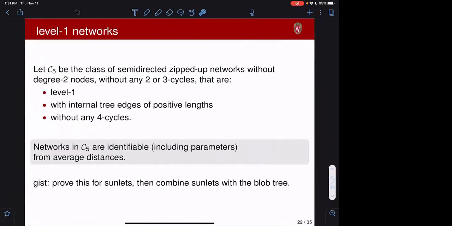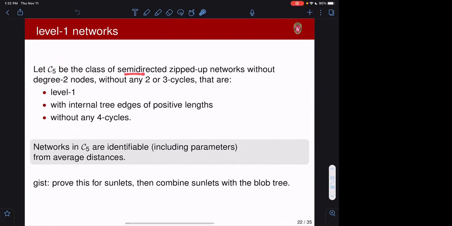And here, I could tell a short story, but I'm going to go into some detail about the 4-cycles. But before this, I'm going to say there are no 4-cycles, because then the story is really simple to state. So let's consider this class C5, where I can have 5-cycles, but no smaller.